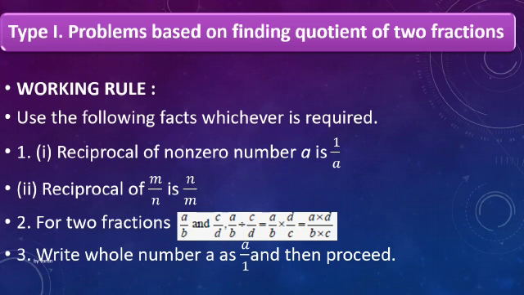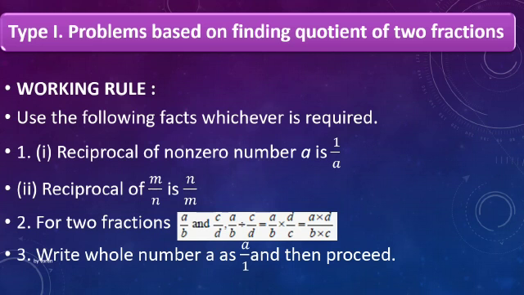For 2 fractions A by B and C by D, if A by B is divided by C by D, then we have to take the reciprocal of C by D and we get D by C. Then the sign of division changes into multiplication, and we change C by D into D by C, and we get the result A into D by B into C. That is the answer.